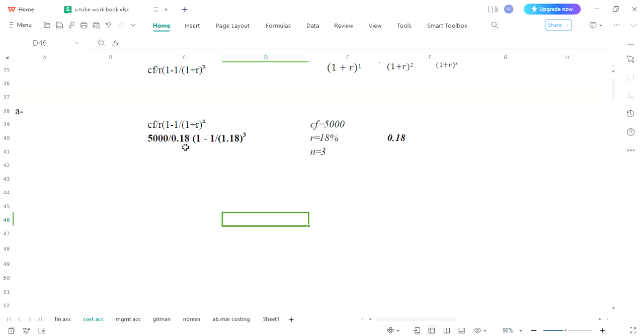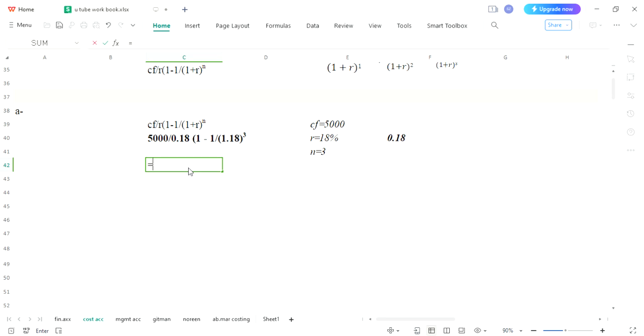Now we are open to put it on our calculator. So what you will write: start your bracket, 5,000 divided by 0.18. This is how you will put it in your calculator. Multiply, again start your bracket, 1 minus start bracket 1 divided by, again start bracket 1.18, raised to power sign is this, and 3 is your power.